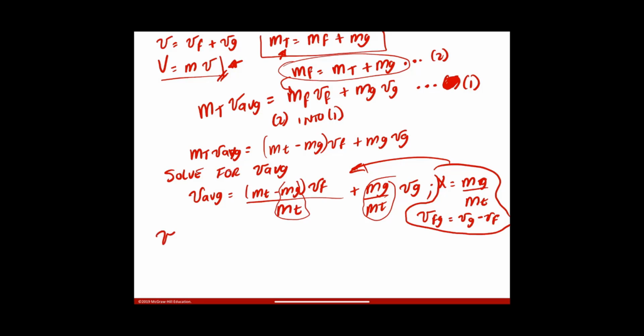So V average will be equal to 1 minus x that multiplies Vf plus x that multiplies Vfg. And this is the equation I need in order to calculate my specific volume.